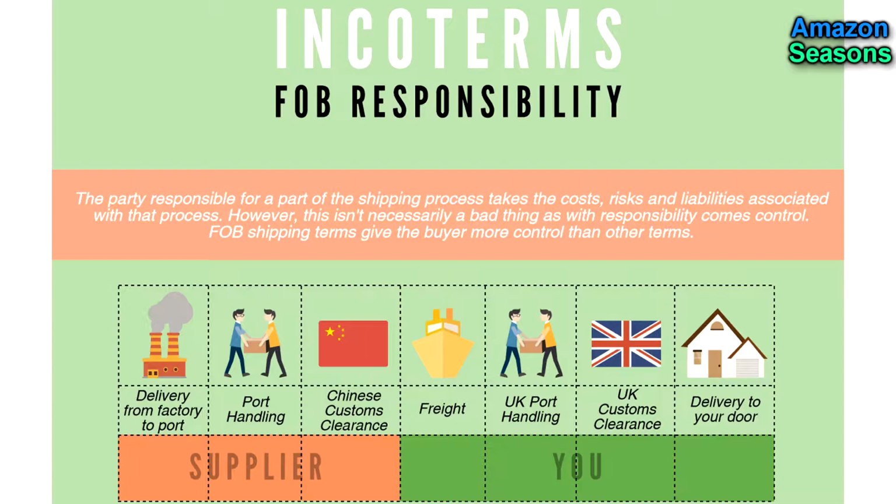So as you can see in the picture, the second your shipment lands on the vessel, that is when your responsibility takes over, and you are now responsible all the way to your domestic location. So whether that's your home address, a third-party prepper, or an Amazon fulfillment center, you are solely responsible the second your product lands on the vessel, which will be the sea freight.